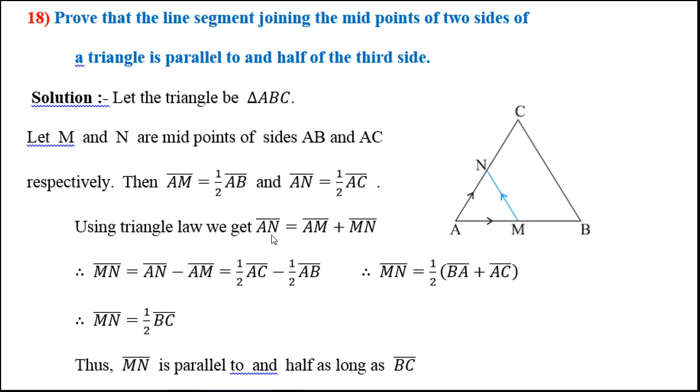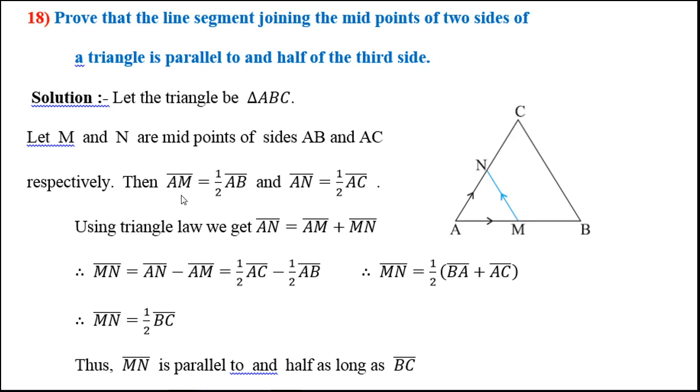So this MN is AN minus AM. So I write MN as AN minus AM. Now just now we have seen AM is half of AB bar and AN is half of AC bar.